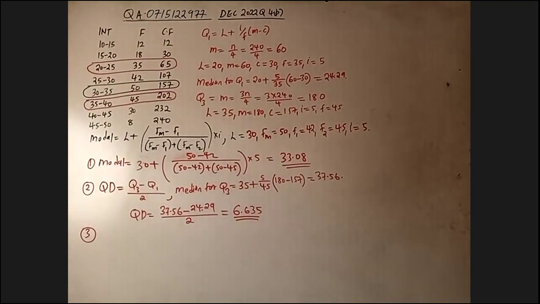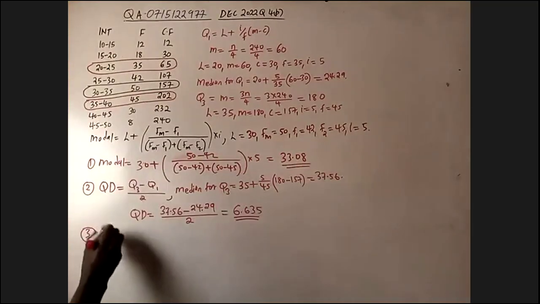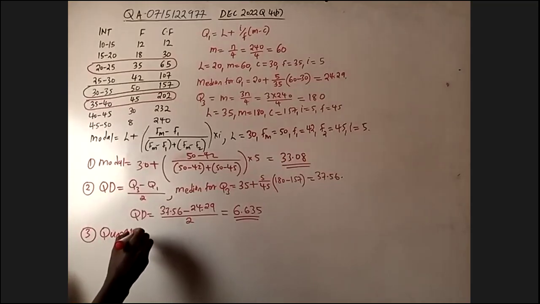Now, part 3, quartile coefficient of skewness. I can give you the formula; if I give you the formula, I know you can do it. We haven't done skewness yet, but let me give you the formula.